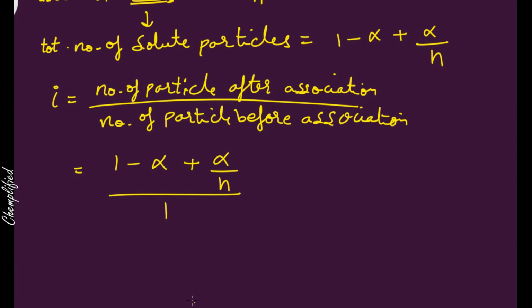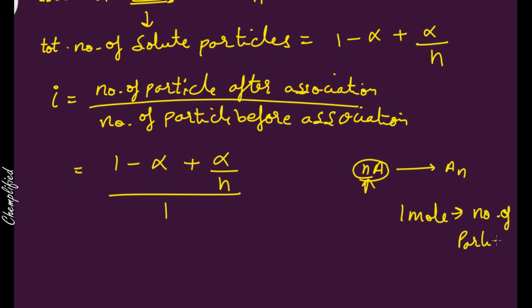Now you can ask the question: in the starting we have taken the equation like this, so there are n number of particles in the product, but we are not talking about n number of particles. 1 mole also represents what? Number of particles or molecules, right?